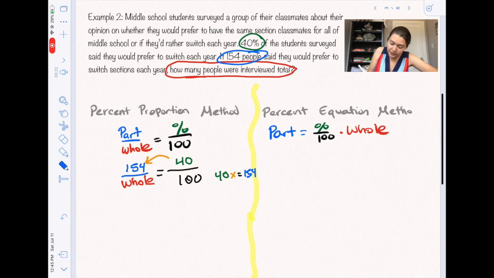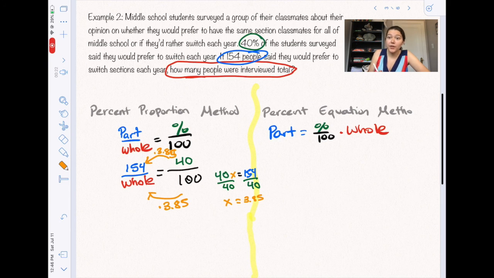Now that's not something I can easily do in my head. I would either have to use a calculator or use long division. So we're going to divide both sides by 40. And when you do 154 divided by 40, you'll get 3.85. Okay, so 40 times 3.85 is equal to 154.